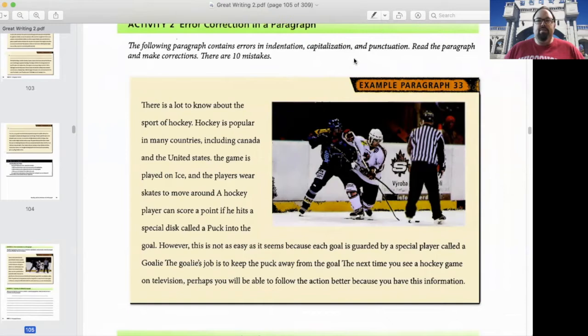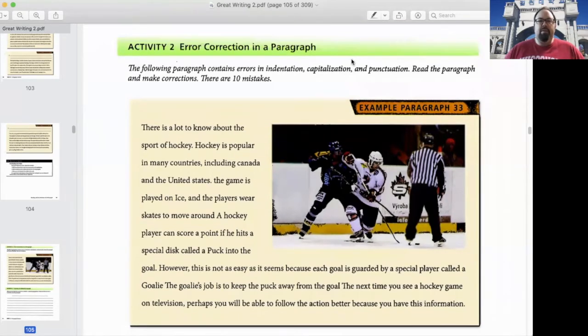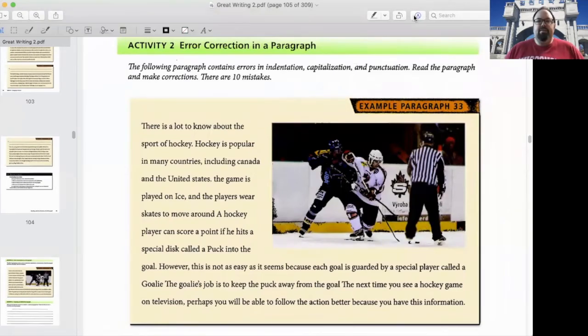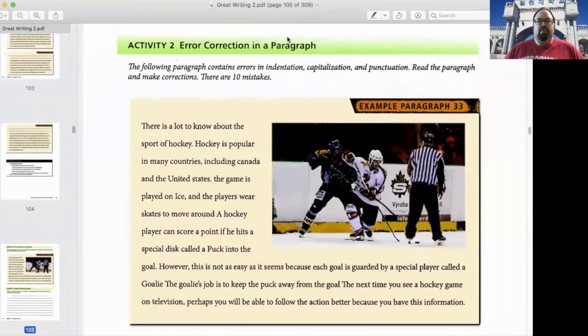Okay, so let's take a look at this paragraph about hockey. It has 10 mistakes in it, and so we're going to go through here and see if we can find these 10 mistakes. I'm going to turn on my pen so I can make some notes here.